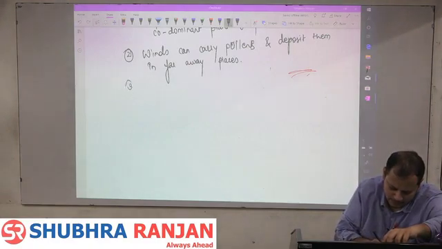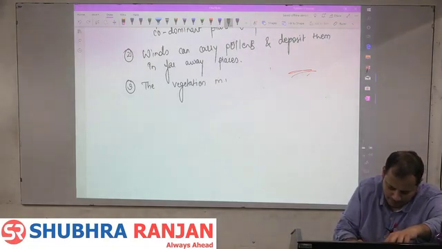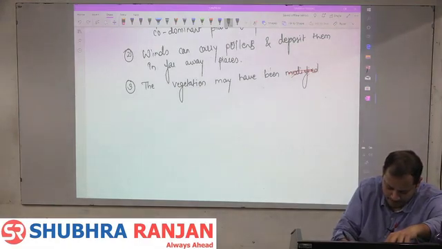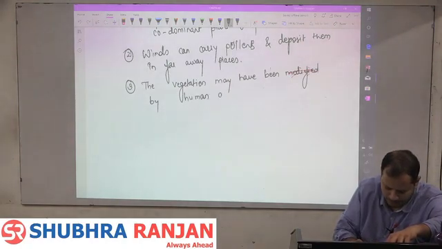And third, the regions or the vegetation may have been modified by human actions.